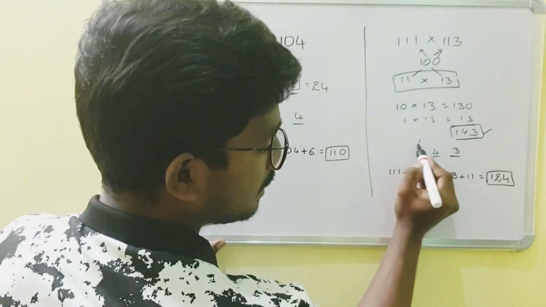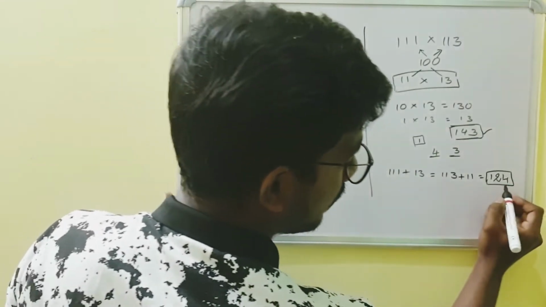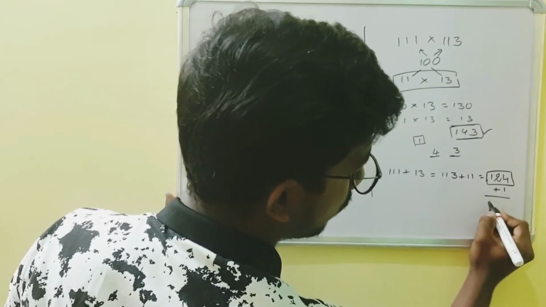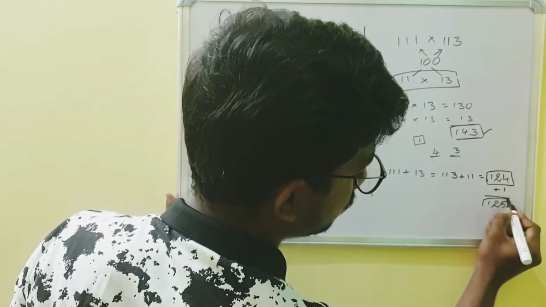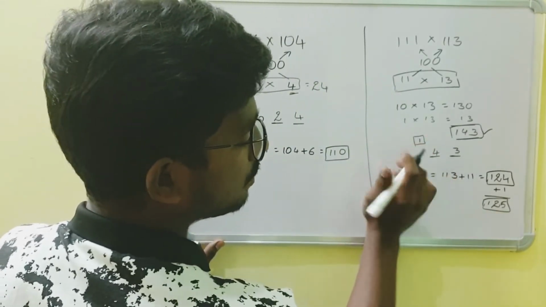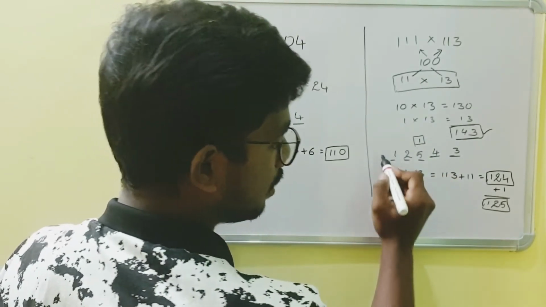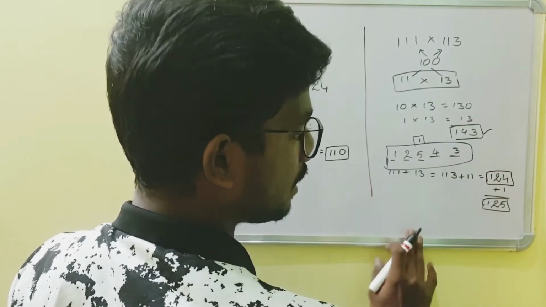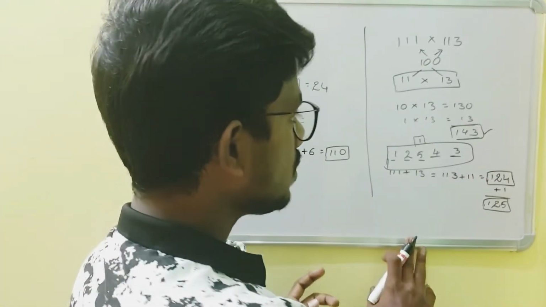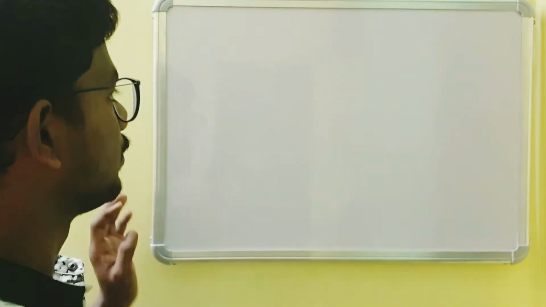But there is a carried forward 1, so I add that 1 to 124, which is 125. So the remaining digits are 125, and my obtained answer is 12543.